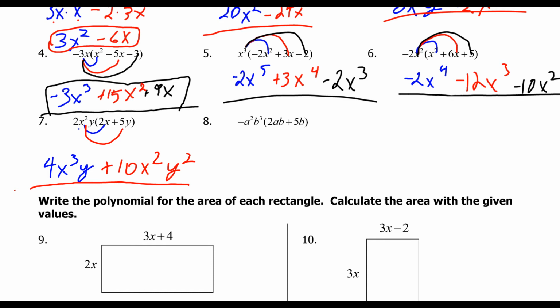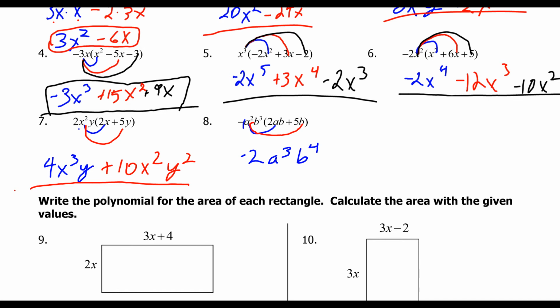Number 8. We're going to do the exact same thing again. We're going to send those terms over to there and over to there. Now, negative 1 times 2 is negative 2. A squared times a is a cubed. B cubed times b is b to the 4th.